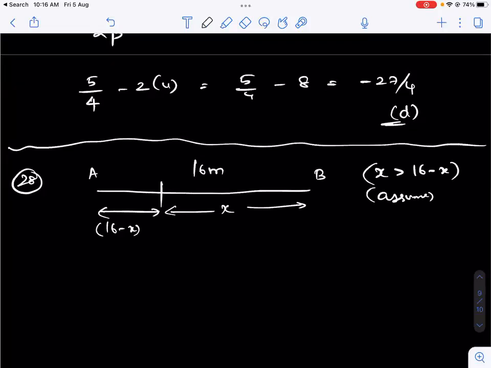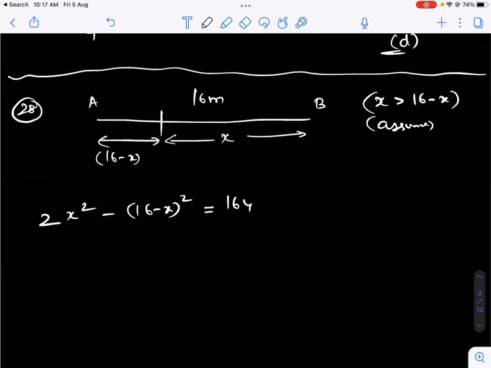Such that twice the square of greater part exceeds the square of the smaller part by 164. Did you understand this conversion? Right? So 2x square minus (16 minus x) the whole square is equal to 164.